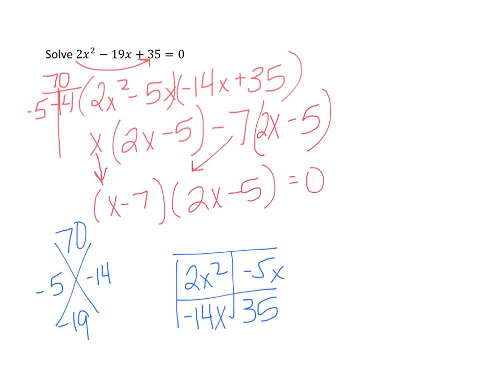Now I'm filling in the blanks. How do I get 2x squared? Well, I'm going to have 2x and x. 2x times negative 7 gives me 14x. x times negative 5 gives me 5x. This does check. So my factors are 2x minus 5 and x minus 7.